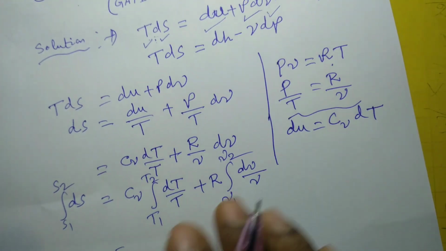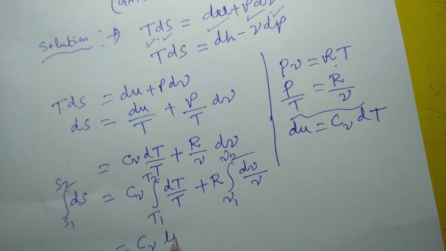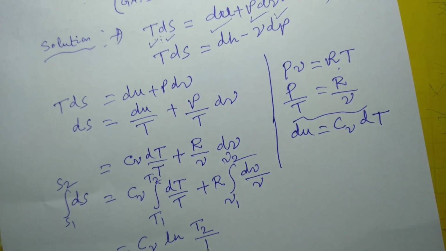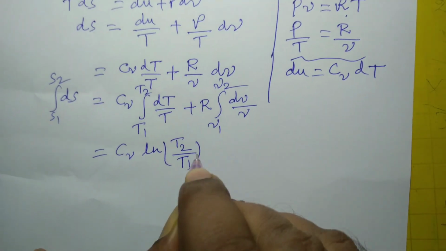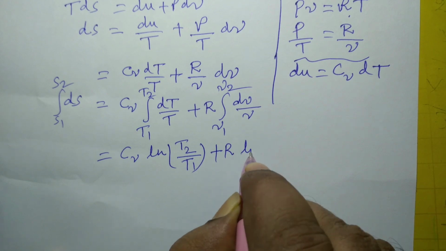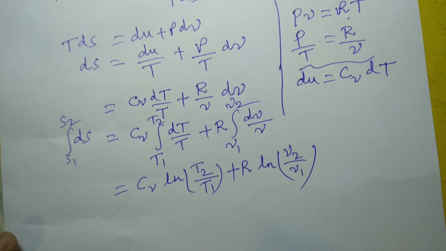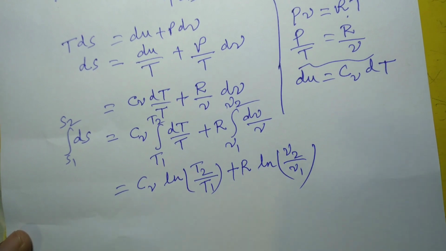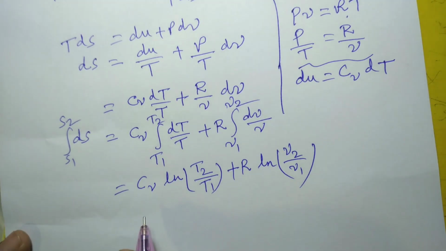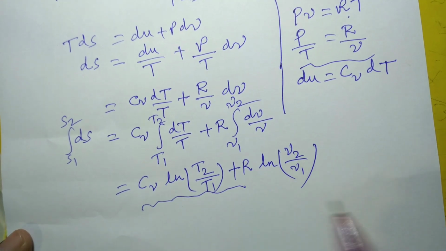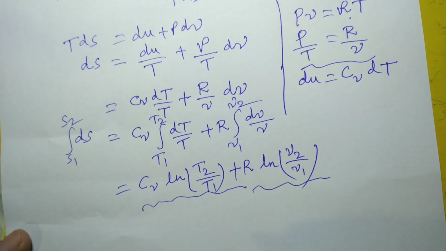Now the relation is Cv ln T2 upon T1 plus R ln V2 upon V1. And this is one formula for calculating the change in entropy of an ideal gas: Cv ln T2 by T1 plus R ln V2 by V1.